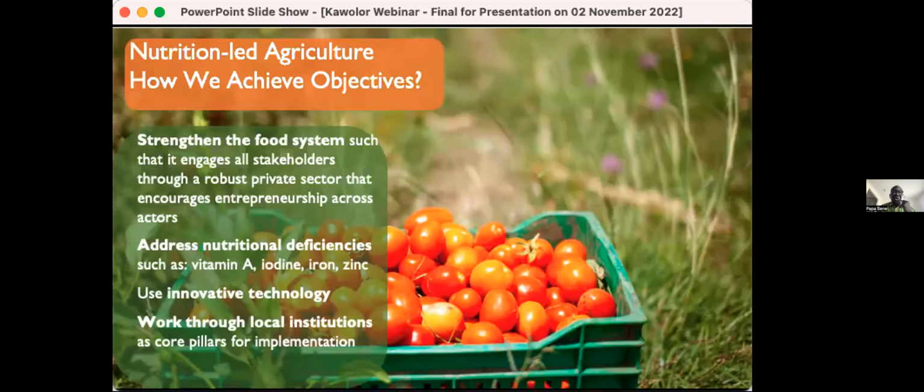Now, how do we achieve the objective? How do we make NLA operational? We do it first by strengthening the food system, by fostering and advancing entrepreneurship across all the actors in the food chain.